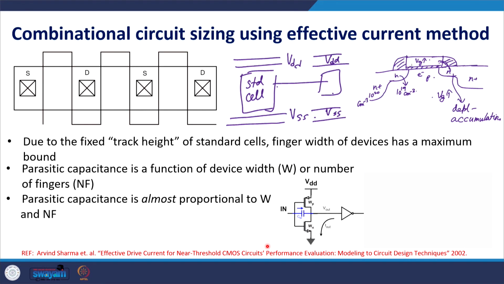To put things in context, let us understand how standard cell layout is done. These standard cells are used for semi-custom design, as you might know, and they abut with each other. When you place standard cells beside each other, their power VDD supply lines and ground VSS lines merge with each other.